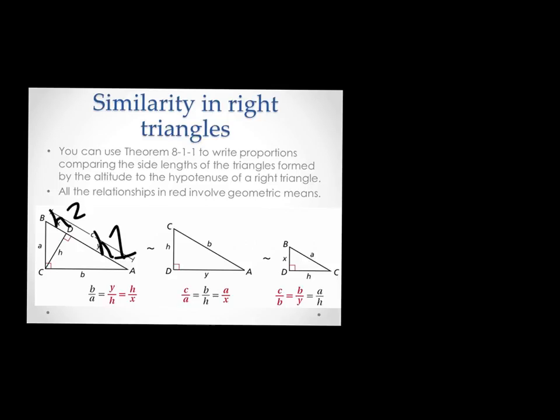So basically y over h equals h over x. And as you can see, that makes a T shape.